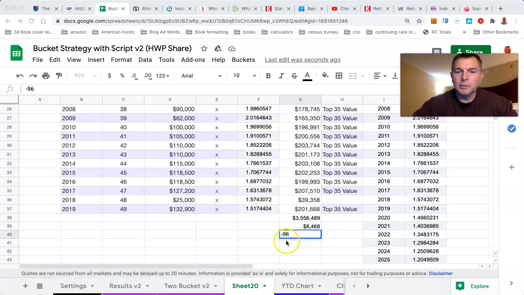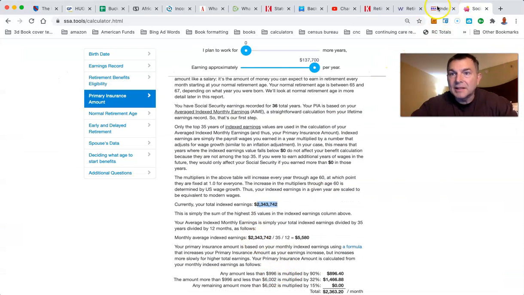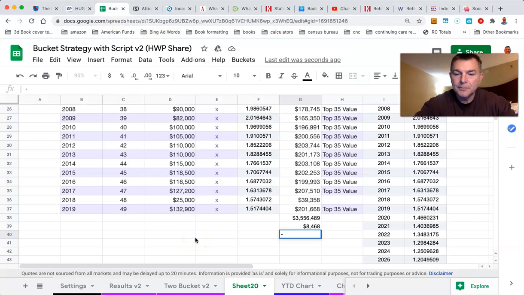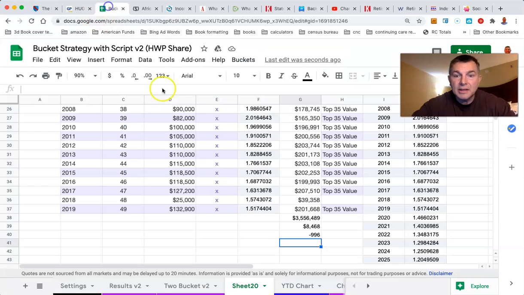So we know that there are three bend points, and we go back here. The first bend point, 996, is what it is this year. So we say the first 996. Then the next amount is up to 6,002. So 6,002 minus 996.